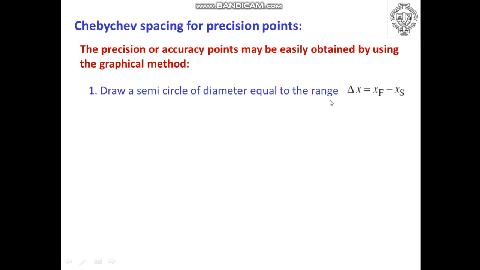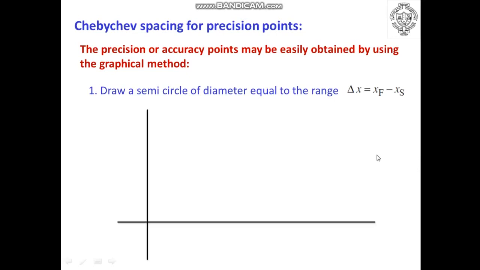So that means you have to consider the range of x, that is the range of displacement of the input crank, to draw a semicircle with the corresponding diameter. So now let us consider the xy plane where we have to draw a semicircle.